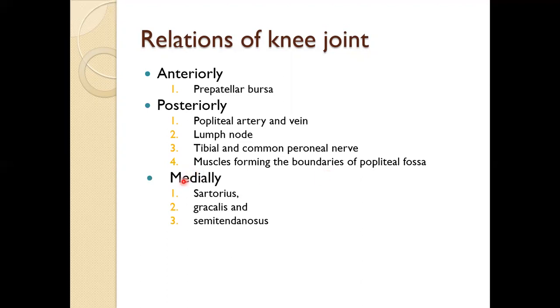Medially, the knee joint has the sartorius, gracilis, and semitendinosus muscles on its medial side, right? We can memorize it by the mnemonic SSG, special services group. On the lateral side, we have the biceps femoris muscle and the common peroneal nerve.